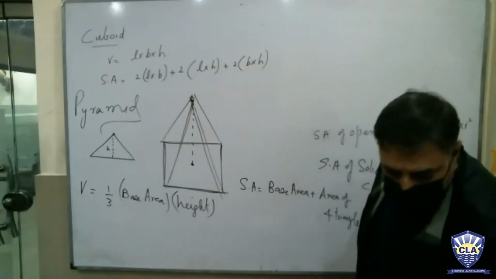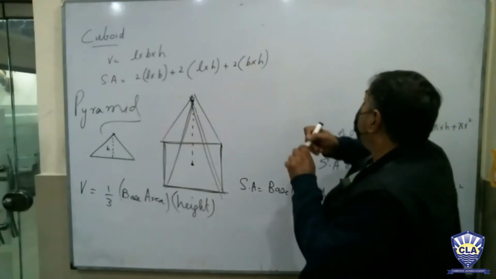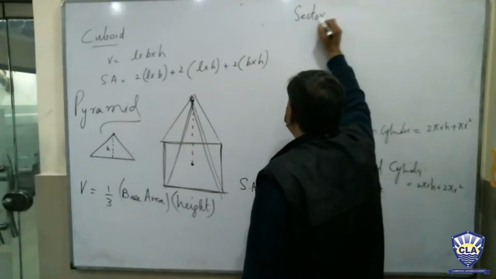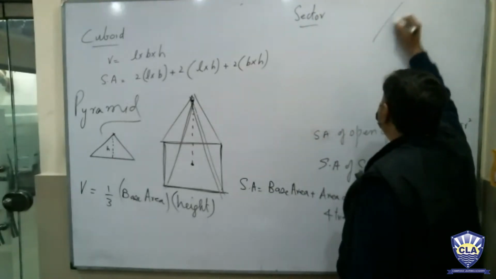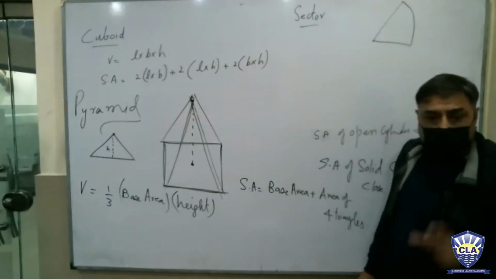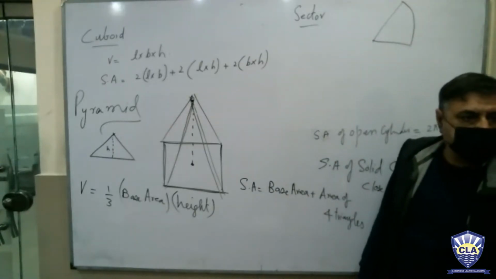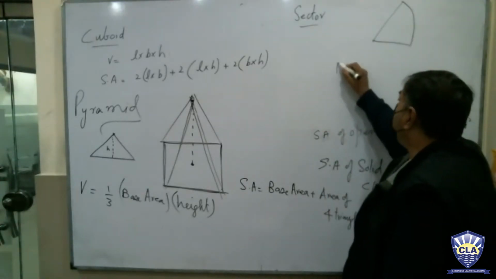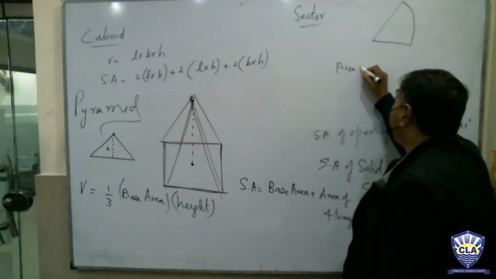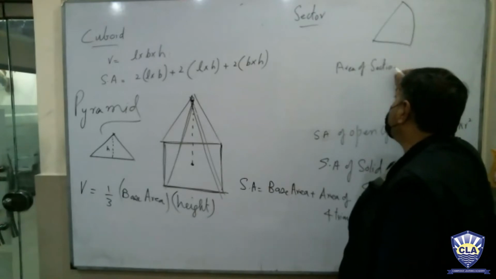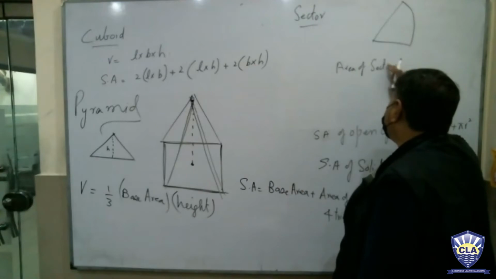Cone. First of all, sector. It is called a sector, a piece of a circle. Area of sector. It is a two-dimensional diagram.